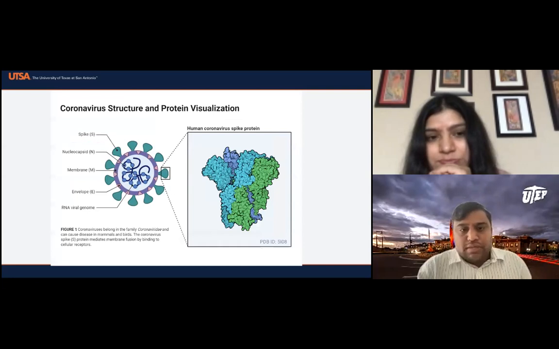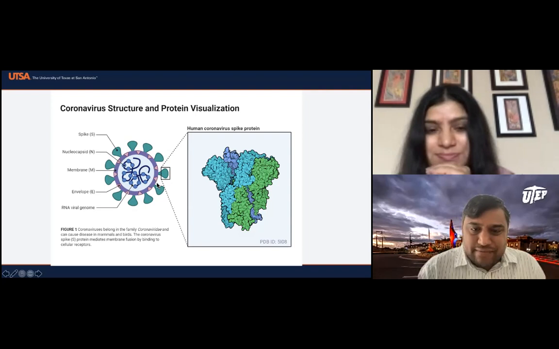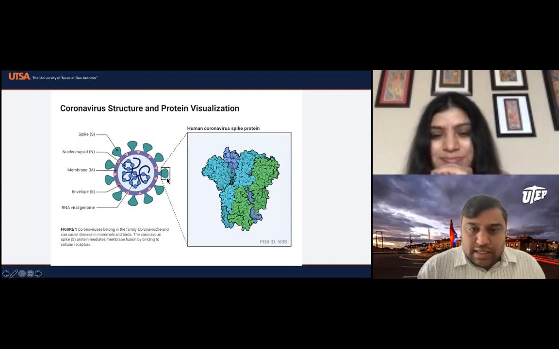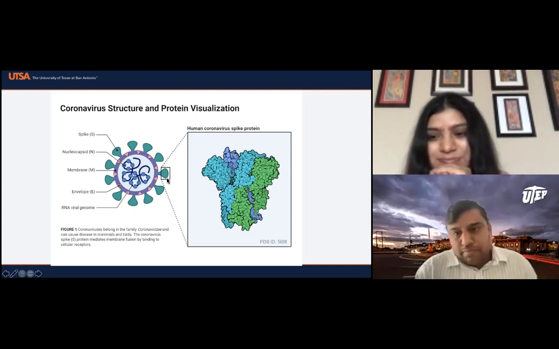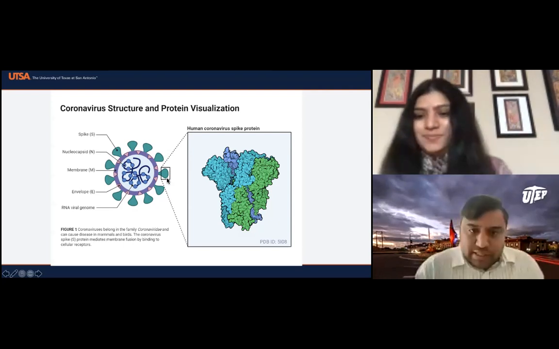So just going into a little bit of the science of what's happening here and what we were doing. We were looking at, as you all know, the coronavirus. These have these spike proteins. If you see inside, what you see is the RNA material.